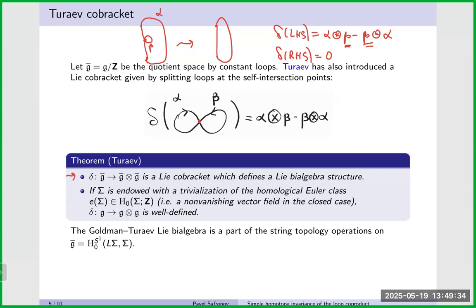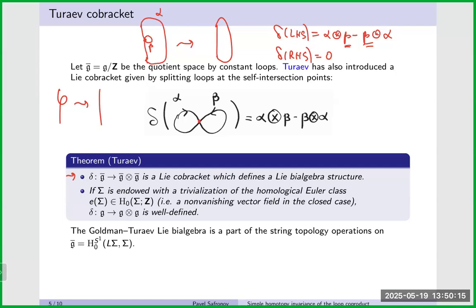Another way to think about this problem with constant loops is that if you thought about knot theory, you know this move is called the Reidemeister 1 move. And this Reidemeister 1 move changes the framing. So if you think of these as framed knots, this changes the framing. So one way to fix this problem, instead of modding out by constant loops, is to choose extra structure on the surface, for instance, a non-vanishing vector field.